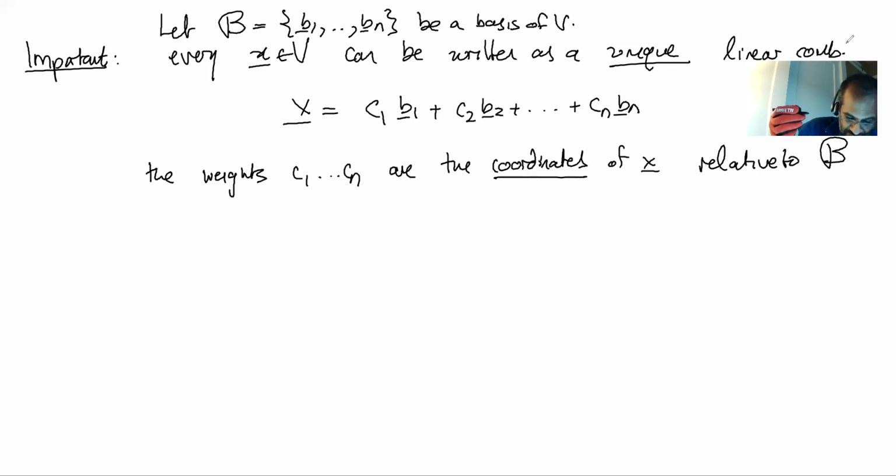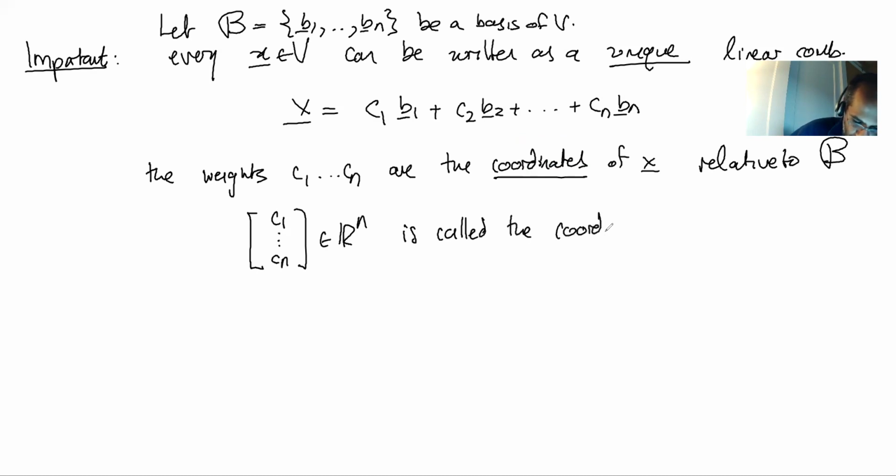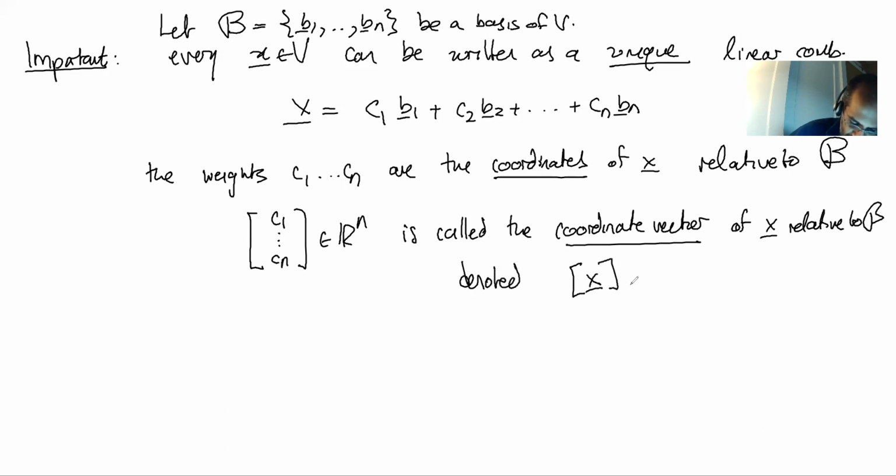N numbers. So I can put them in a vector. The vector C1 through Cn in Rn is called the coordinate vector of X relative to B, denoted X in square brackets with subscript B.